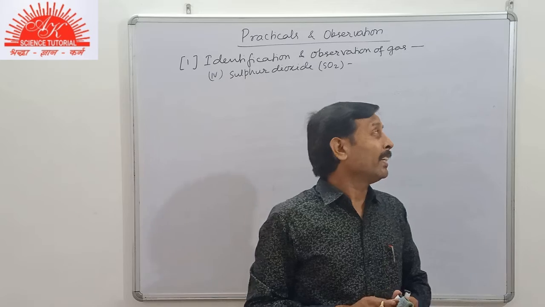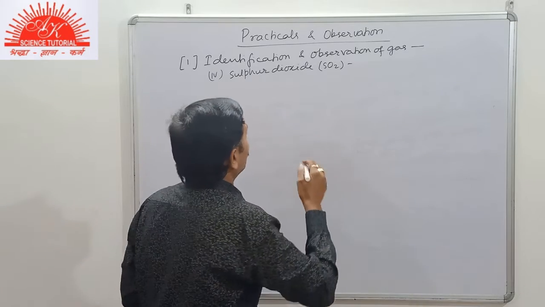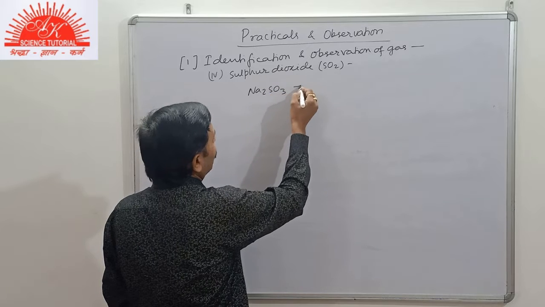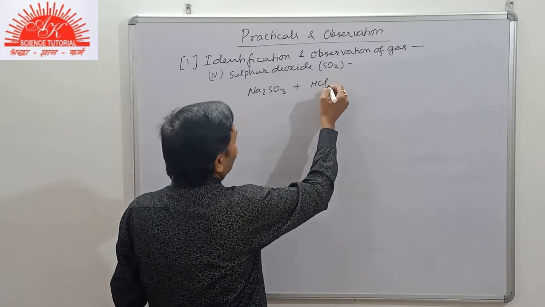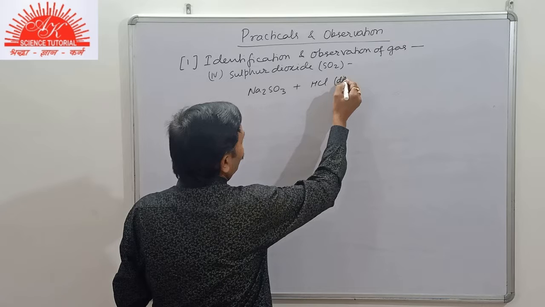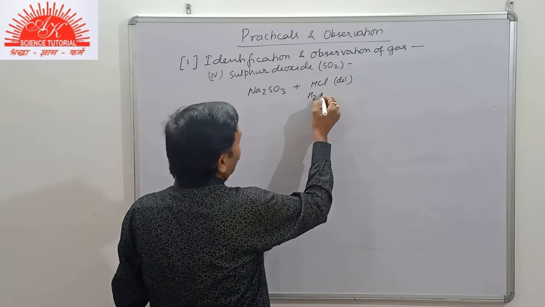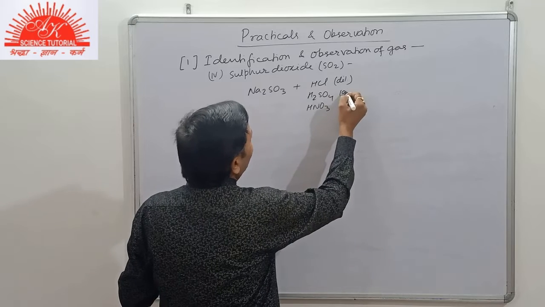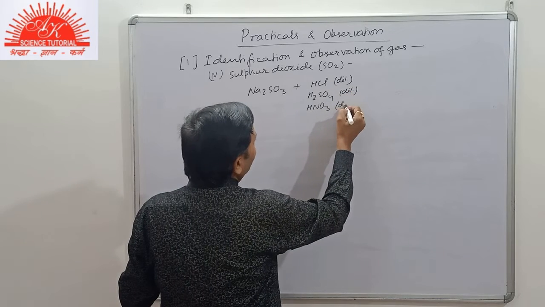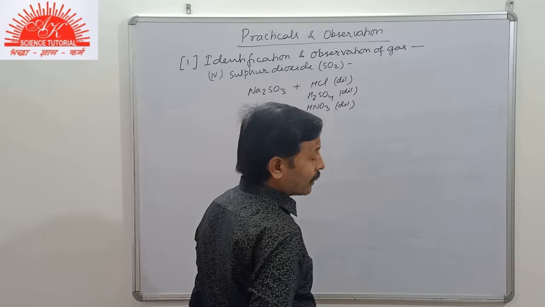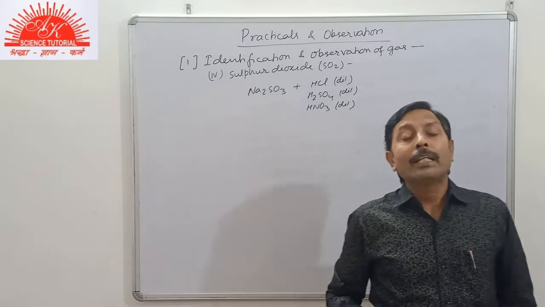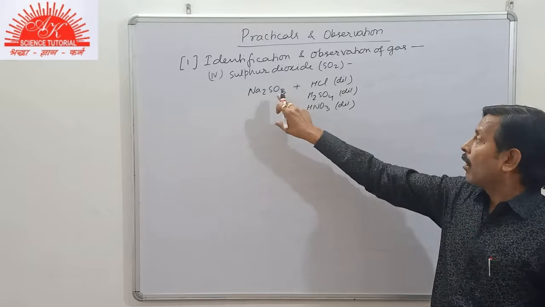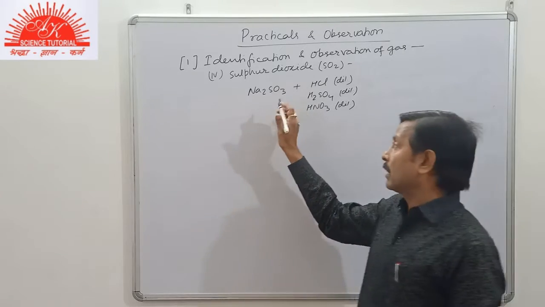So you see here, suppose we write Na2SO3 plus dilute H2SO4 or dilute HCl or dilute HNO3, means we are using dilute acids. That is when dilute acid is added to metal sulfite or bisulfite.